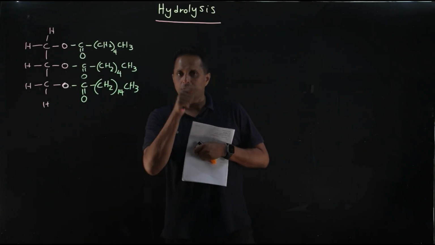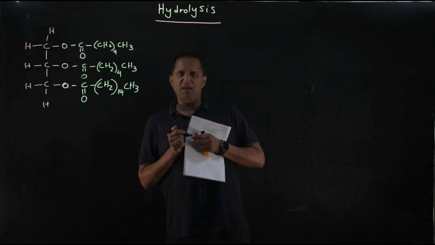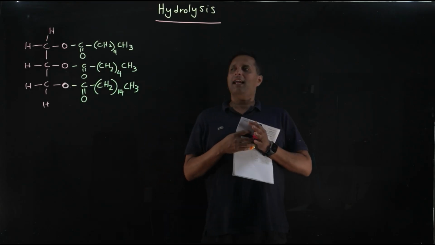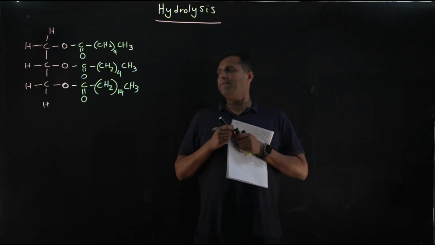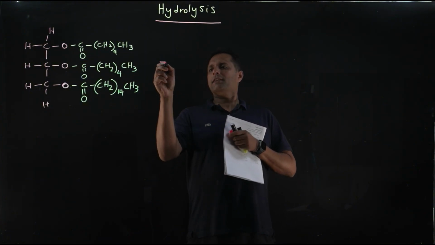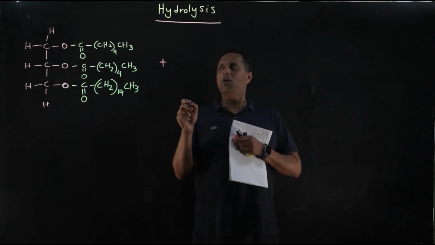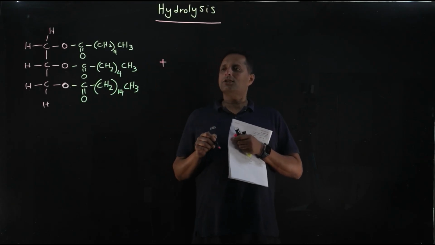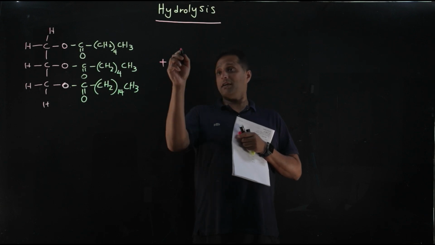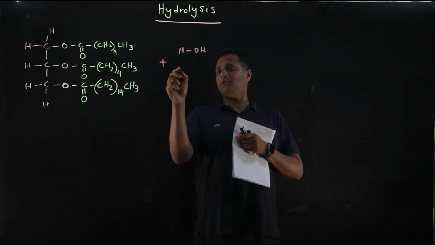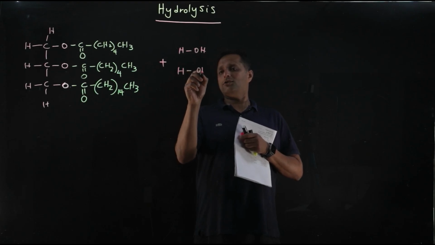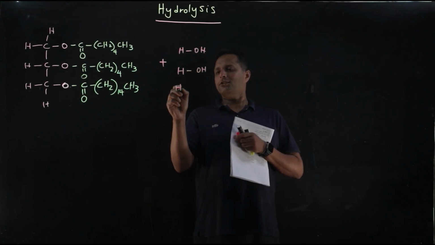3 fatty acid. Are you ready? I am ready. All right, let's do it. So in order to do this, what you need to add first, you need to add 3H2O. Okay, 3H2O. So this is 1H2O, 2H2O, 3H2O.